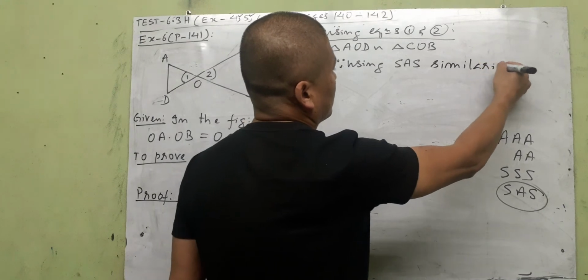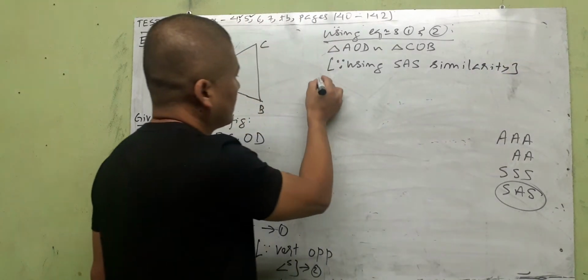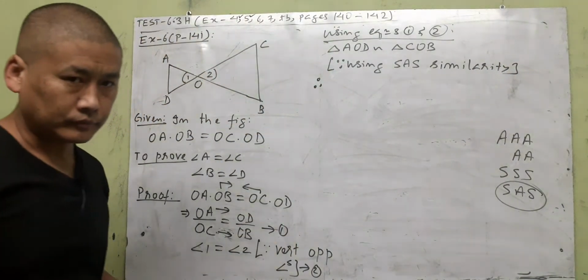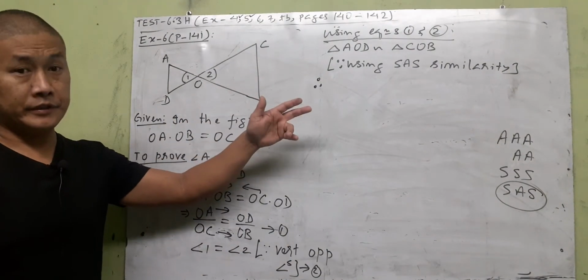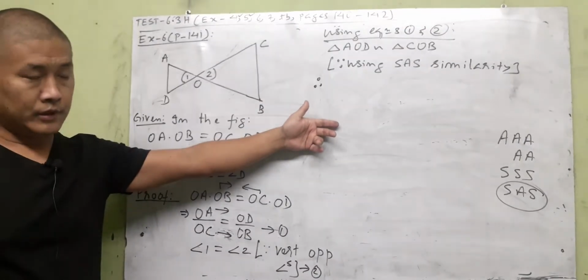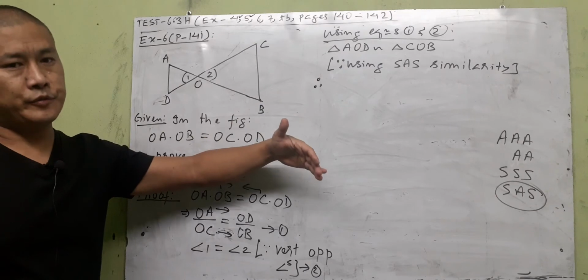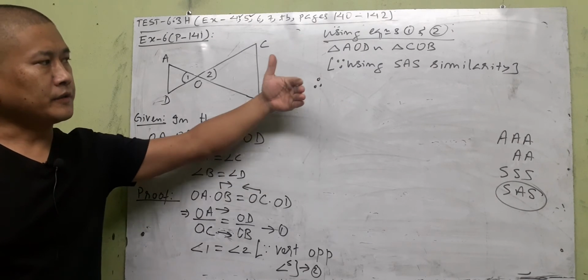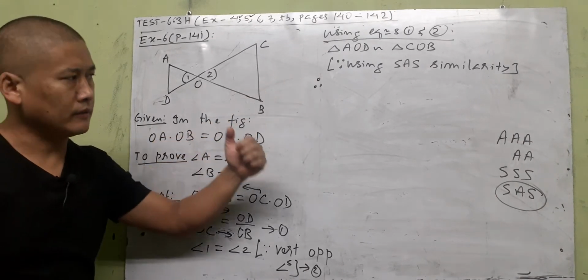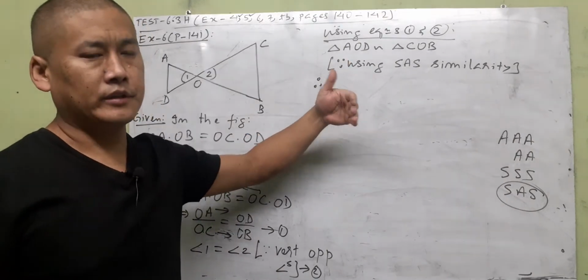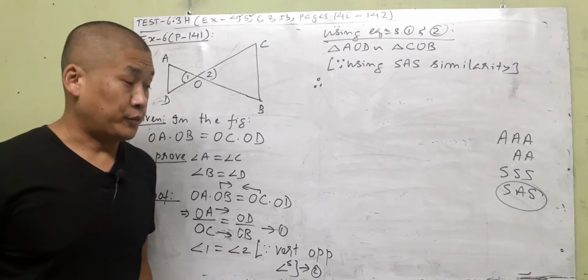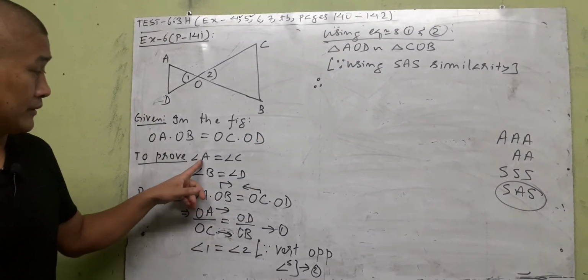similarity condition of triangles. So if two triangles are similar, then two things always follow, that is, corresponding angles are equal, corresponding sides are proportional. Second one. First, corresponding angles equal. Second property of the similar triangle is corresponding sides are proportional, but we don't need the sides, so angles is what we're trying to prove.